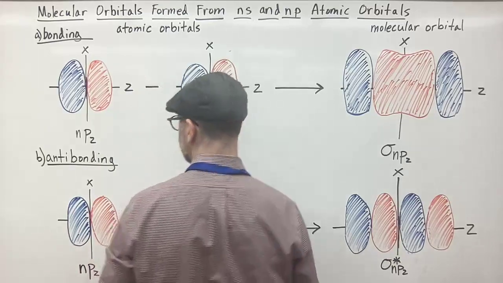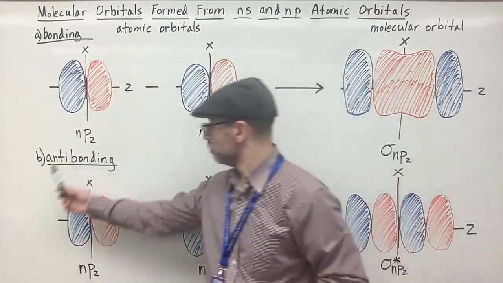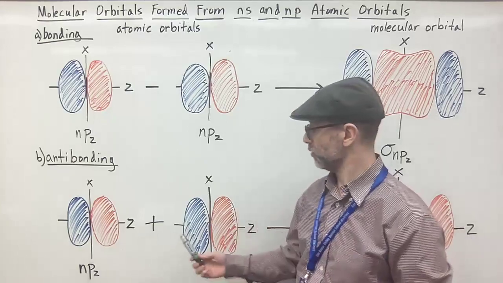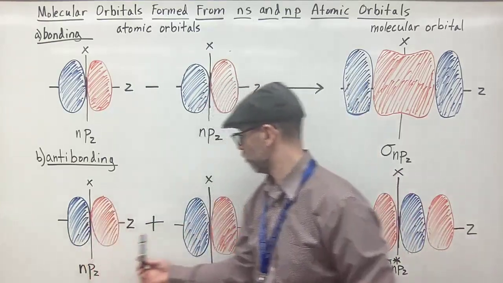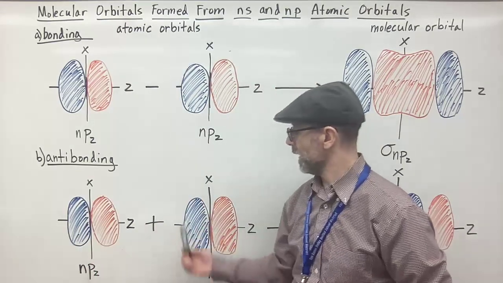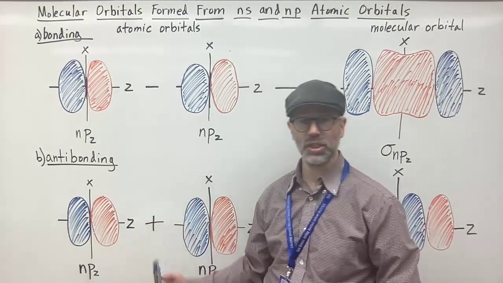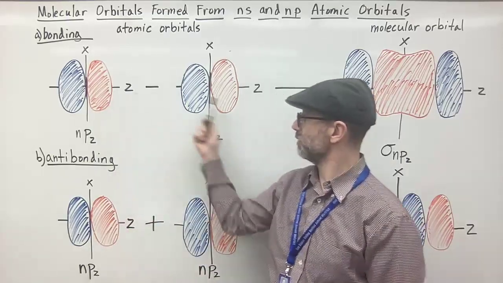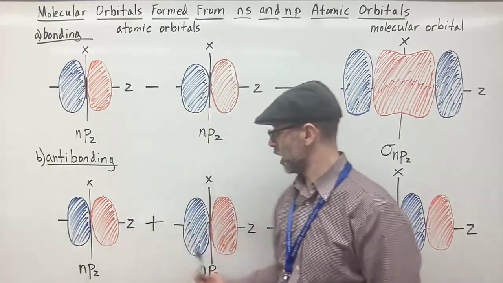Okay, now for the antibonding orbital, you're going to have negative overlapping with positive, right? So the positive here will overlap with the negative here. And so again, this is where you are summing the atomic orbitals. So you're finding the difference here and you're finding the sum here.